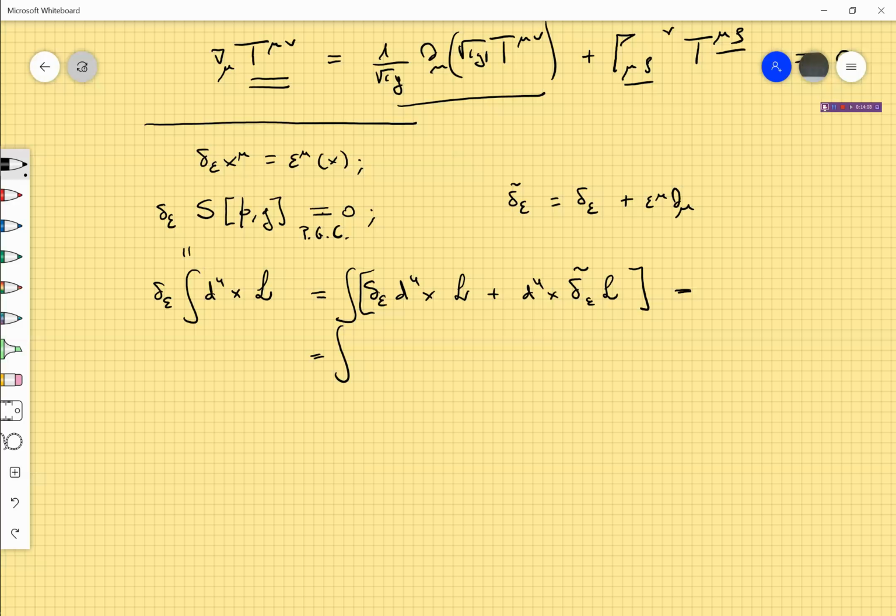Okay, I am going to do that, but first remember what was the transformation of d⁴x. We did this in another video in the past, and the result was that it was d⁴x times this divergence of epsilon mu. Okay, this takes care of the first term, and the second term, which has this d⁴x here, that I take as a common factor, is just this plus the transport term.